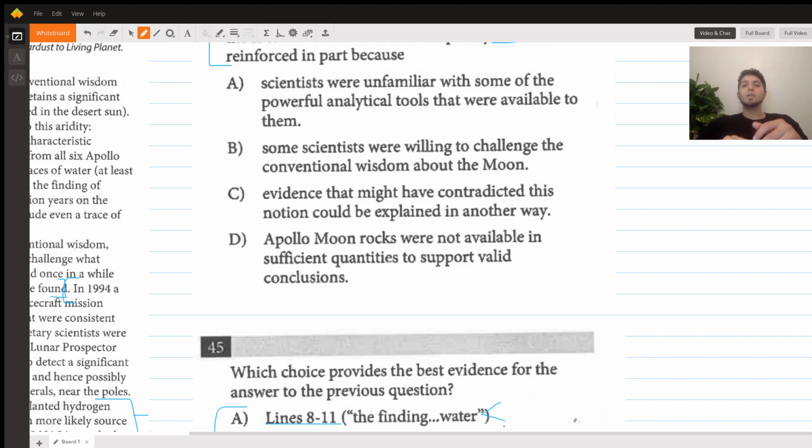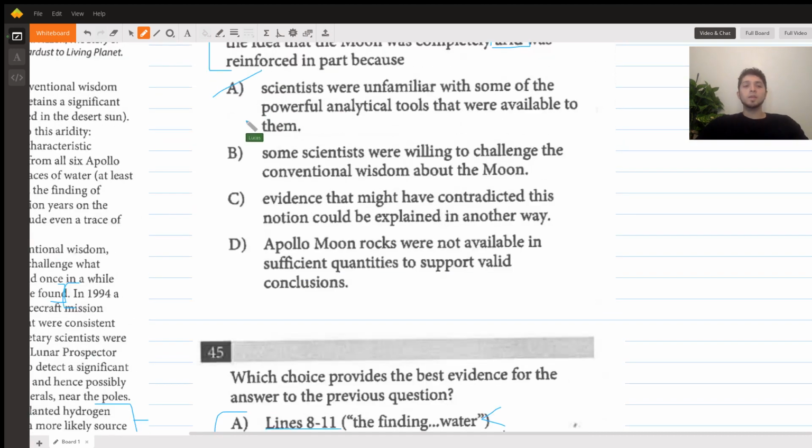And it was from this new analytical tool that we were able to 100% confirm that there was water on the moon. So this is kind of true in general about the passage. The problem with it is that it doesn't match any of the texts that we looked at. None of the texts really say, yeah, scientists continue to believe this because these tools were yet to be invented or because they lack the technology.